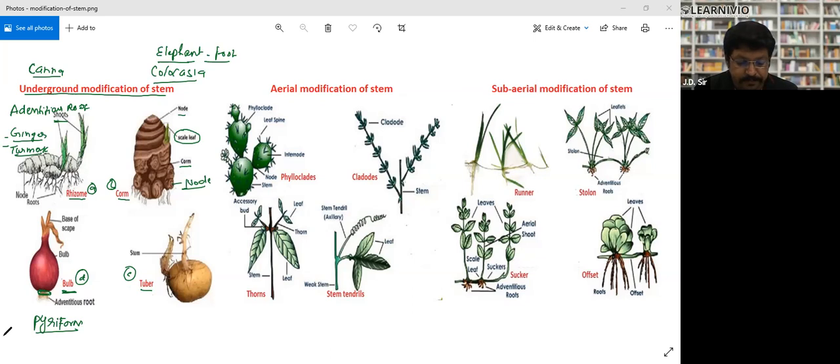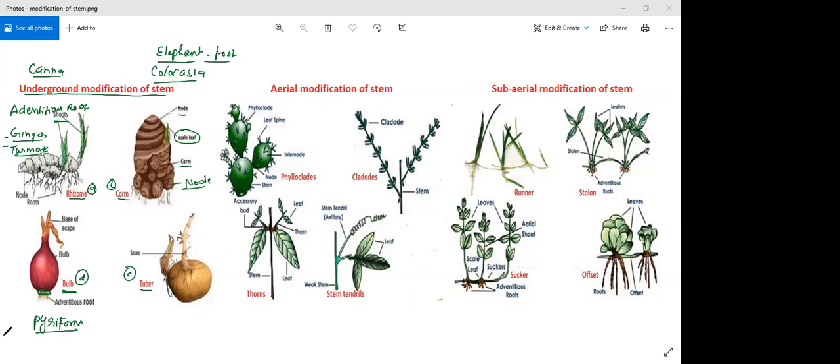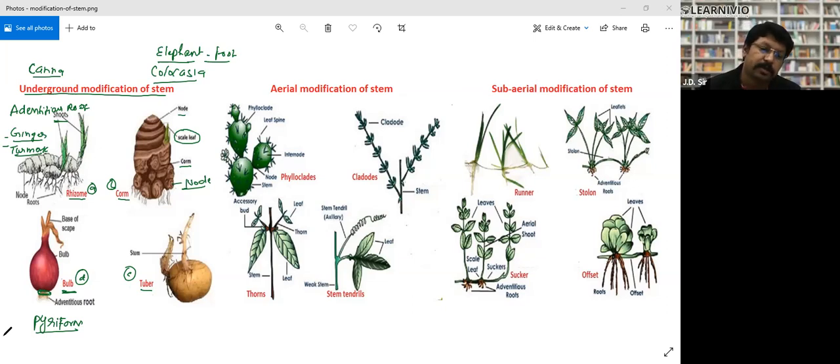Full stop. They have a terminal axillary bud. Full stop.